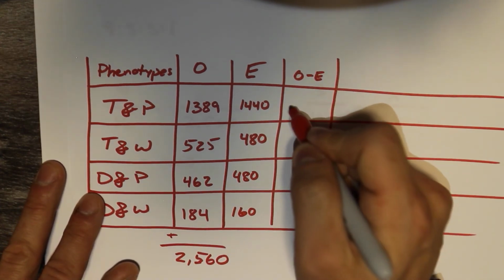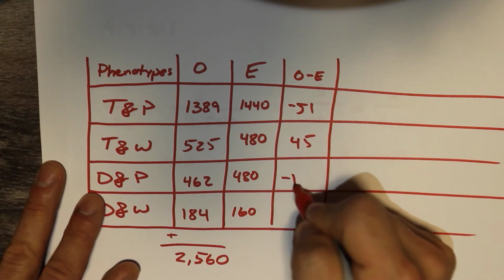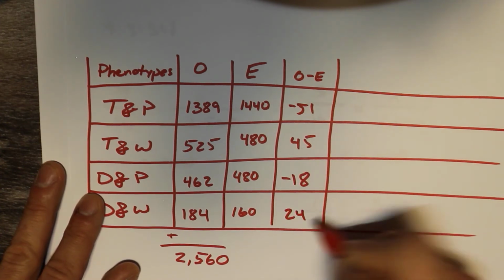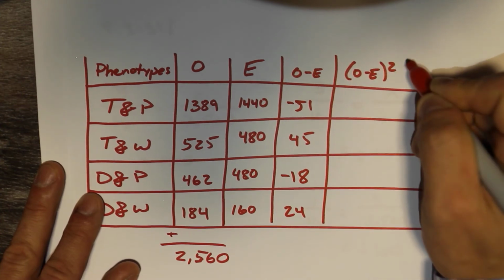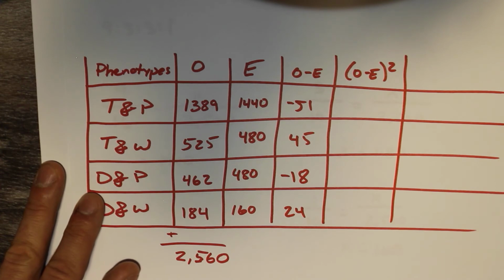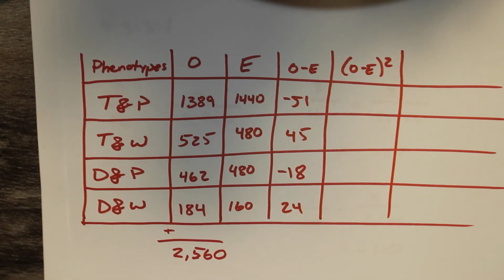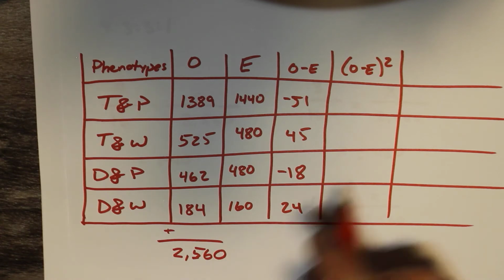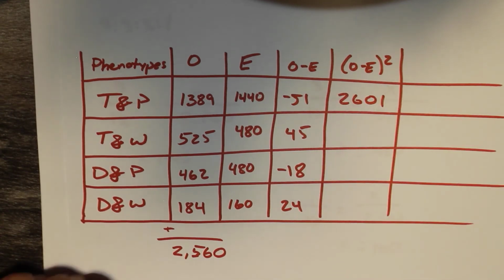O minus E, you'll get negative 51, 45, negative 18, and 24. Take the square of that. When we do negative 51 squared, you should get 2,601.